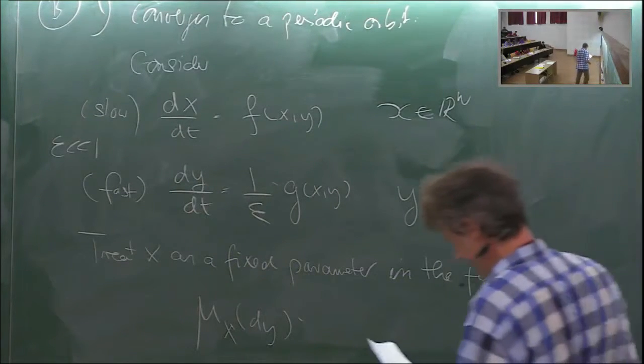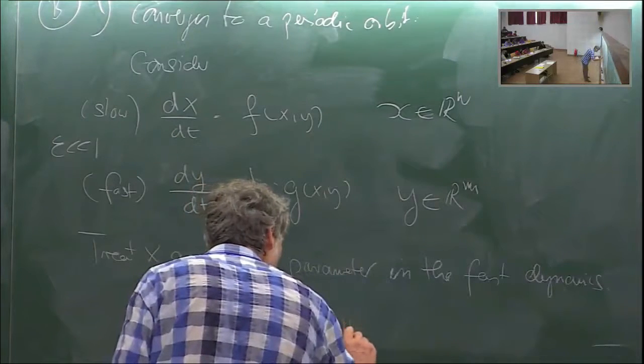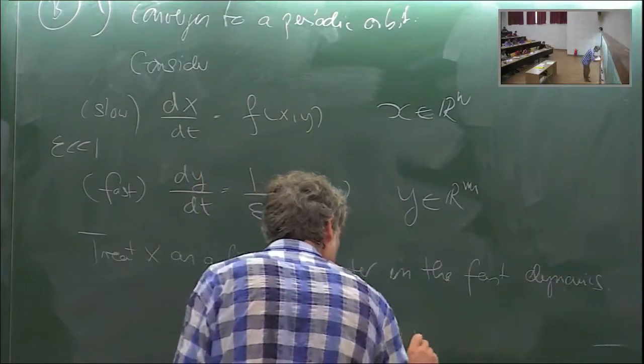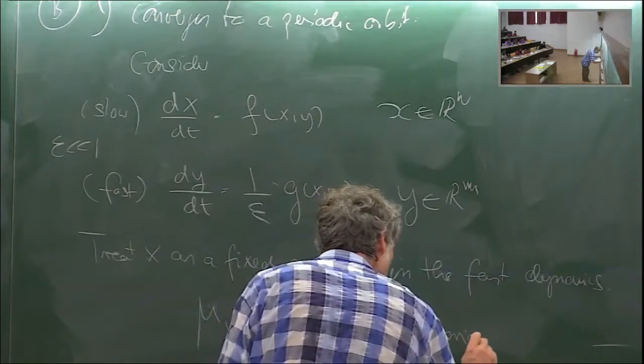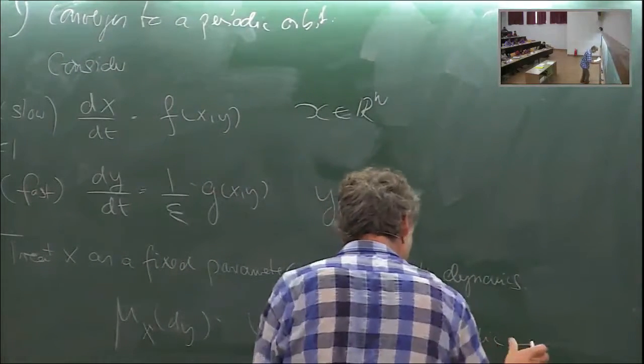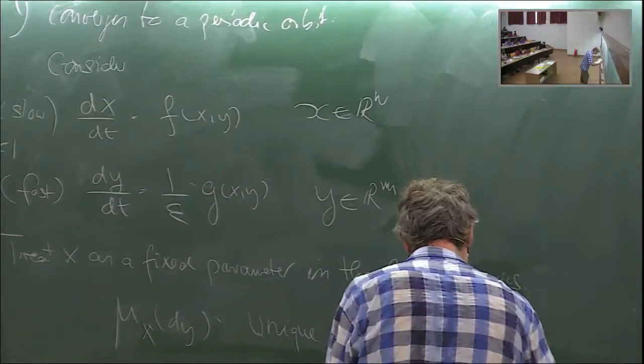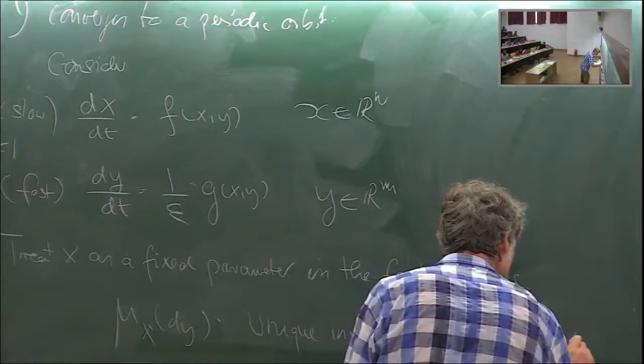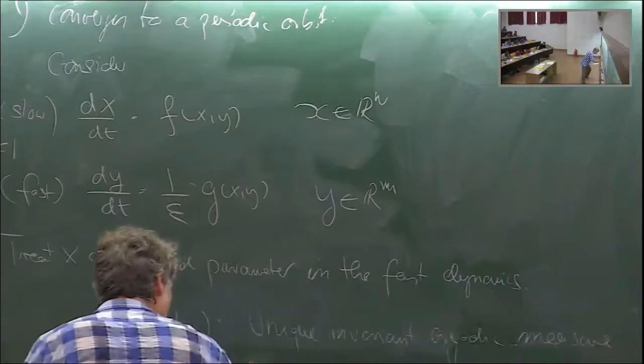So let's say this is now the unique invariant ergodic measure that's induced by the fast dynamics.